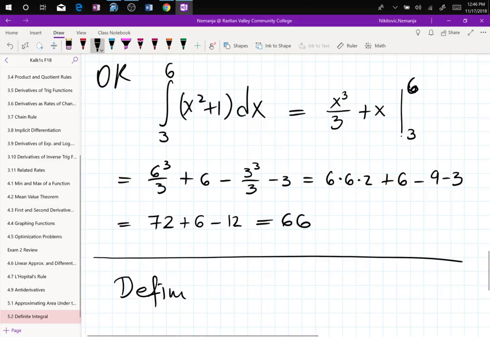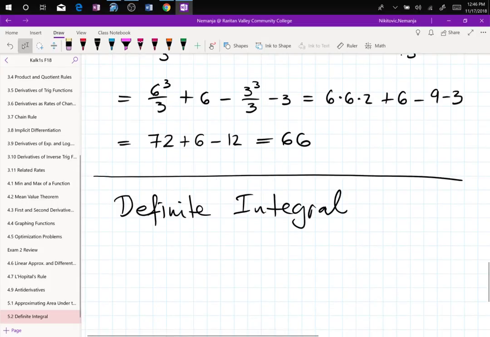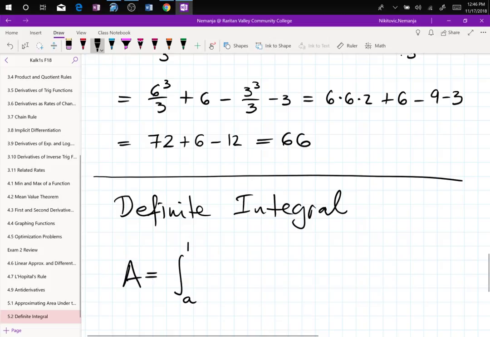The definite integral says the area under the curve is equal to the integral from a to b, which are the limits, the numbers in between which you are looking for the area, of f of x dx.